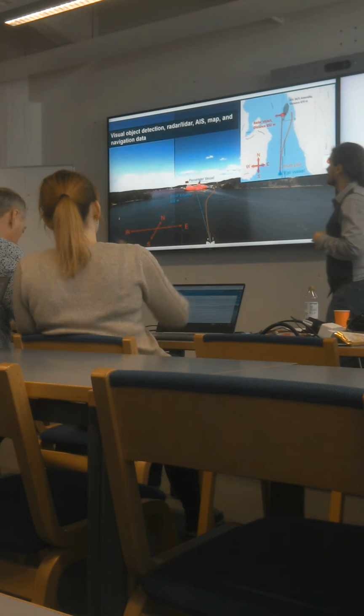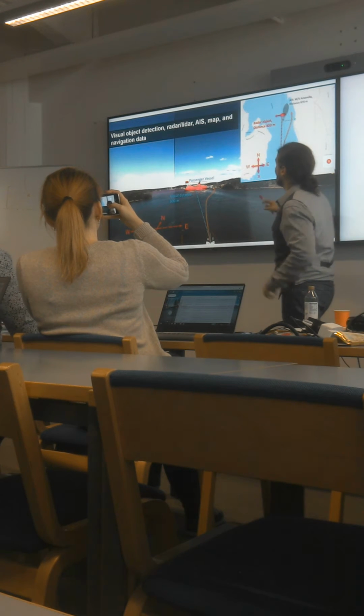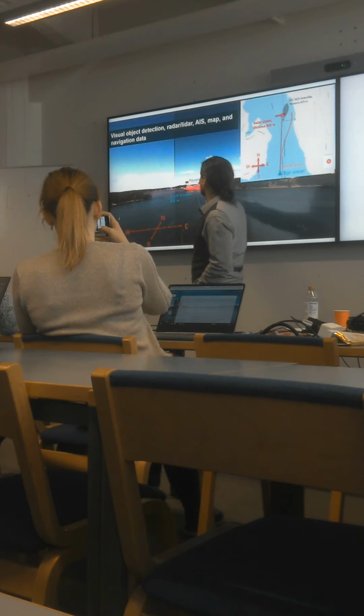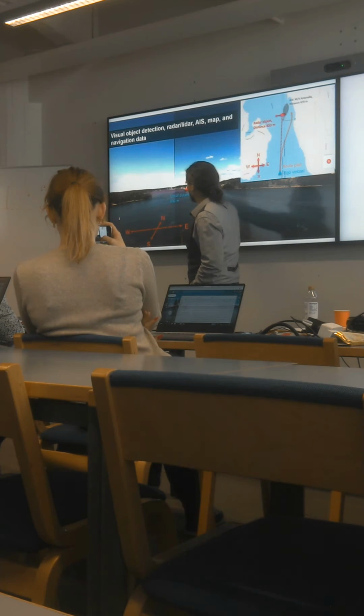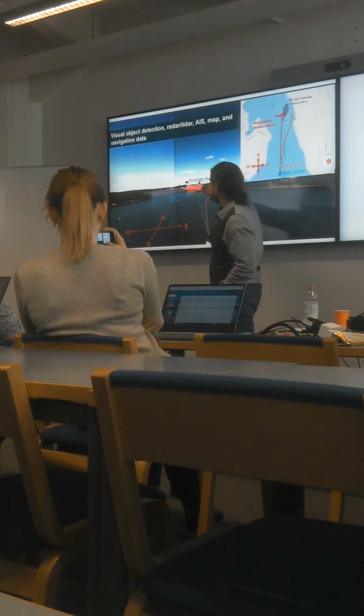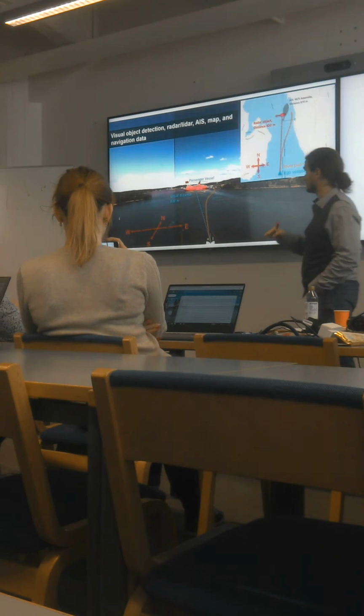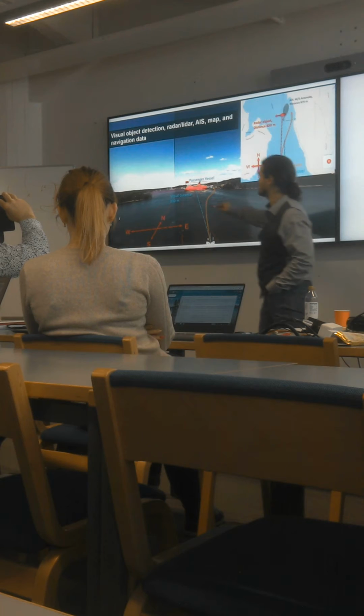We are nearing the end, but I have some examples on how you would combine the data. Typically you would do this visual object detection, and if it is good enough, you can measure the distance with pretty good accuracy, as we discussed, through the sea level, or where the ship meets the sea.